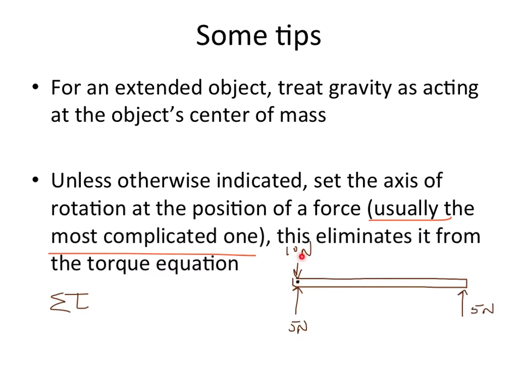These do try to contribute towards translational motion, but they don't contribute towards torque. So find a place where the most complicated forces are acting, and call that your rotation point. Only this one is creating any kind of torque around there because that's the only force being applied at some distance. So that'll help you set these problems up.